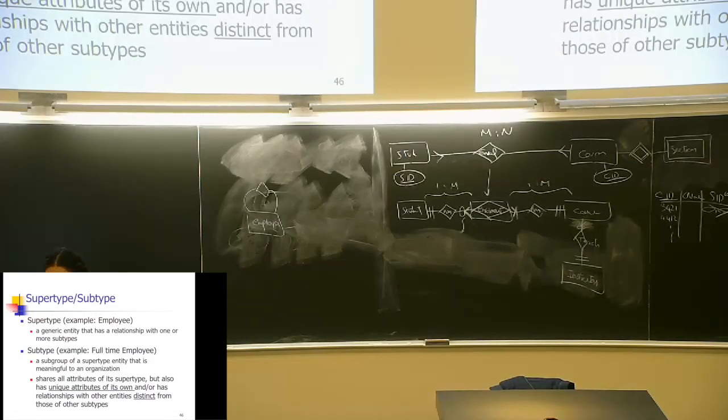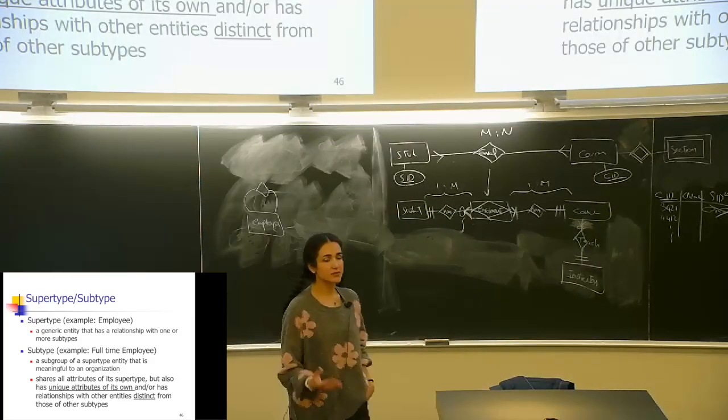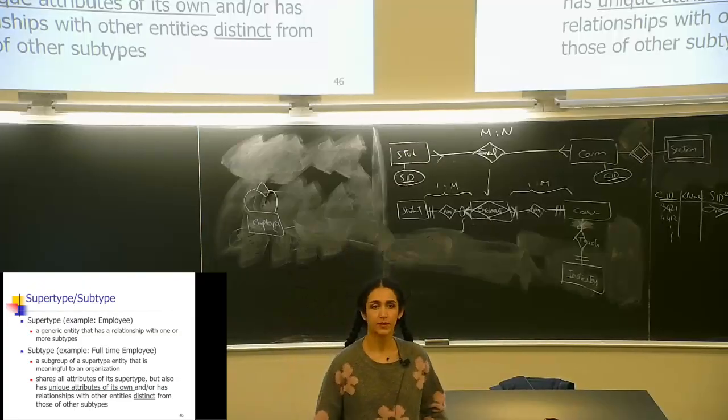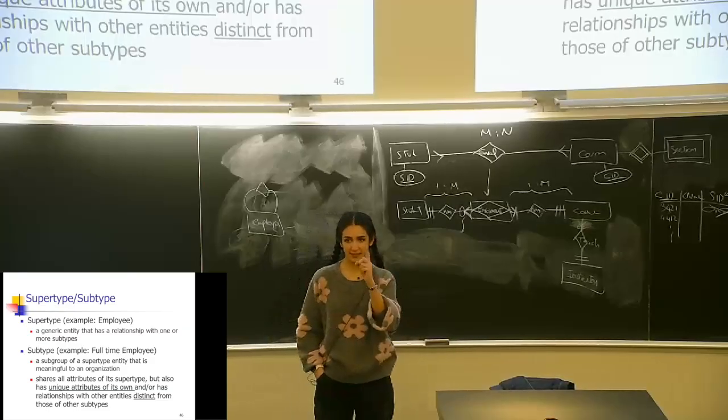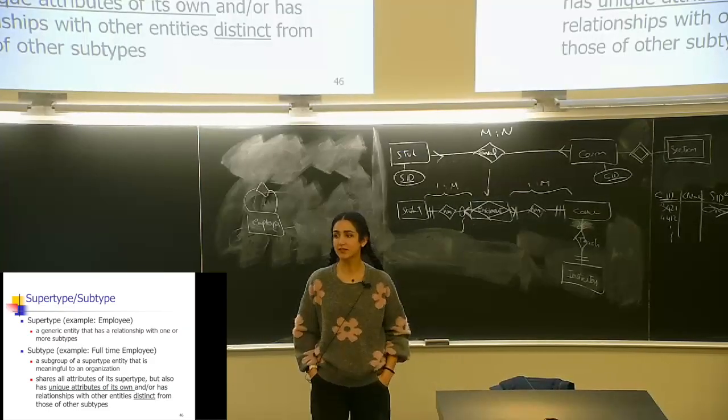Now, what are supertype and subtype? Sometimes we have entities, like for example employee, with different types. For example, we can have full-time employees, contract employees, and so on. Why do we need subtypes and supertypes? Because those different types of the same entity may have different attributes.